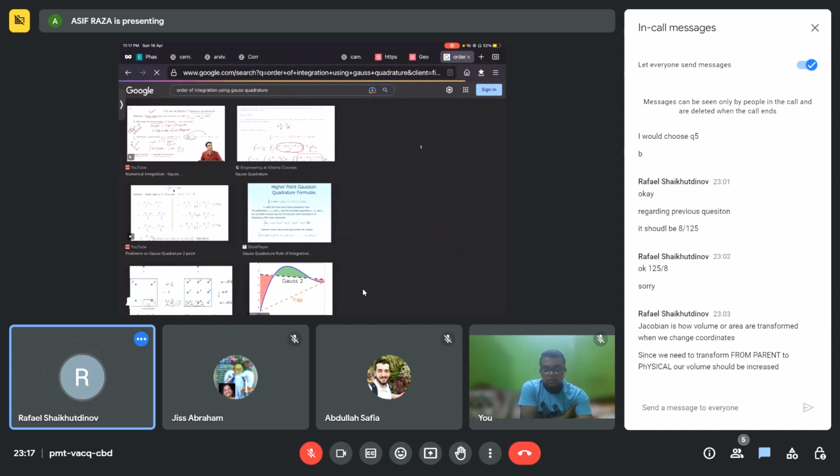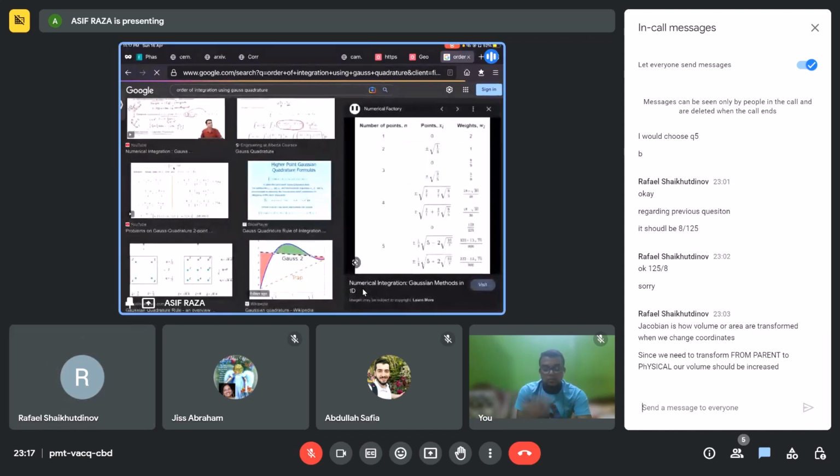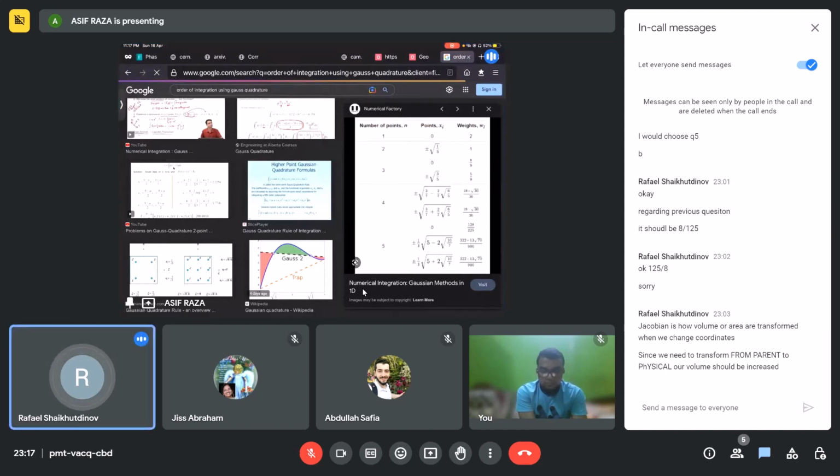Normally we see one and two number of points, first and second. We hardly go to three. It is quite problem dependent what we are going to take, so you can use this table for multivariable also.